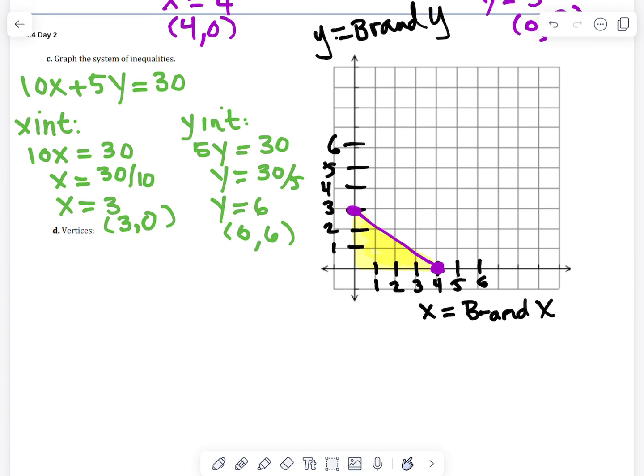Now we graph the ordered pairs. So the x-intercept was 3, 0. The y-intercept was 0, 6. Then we shade less than.